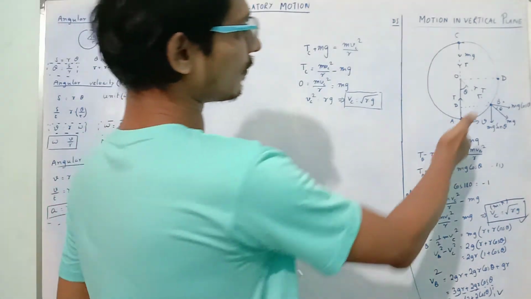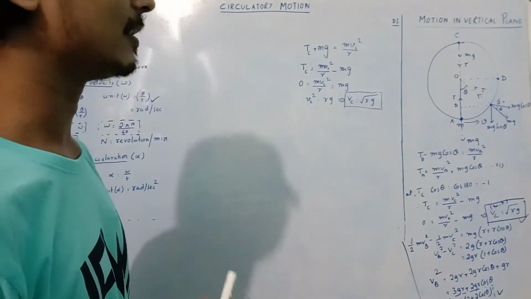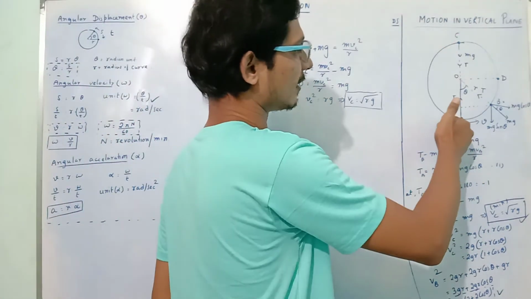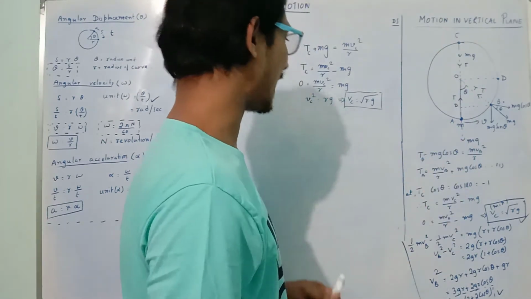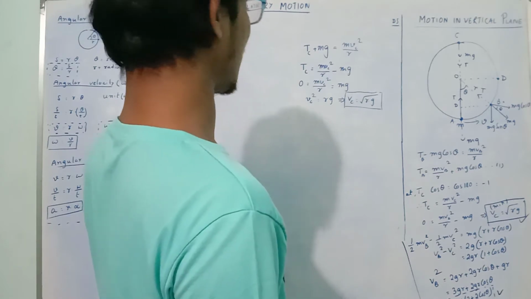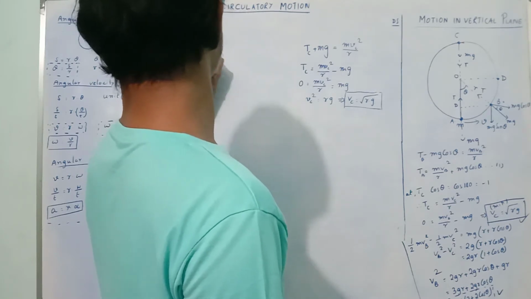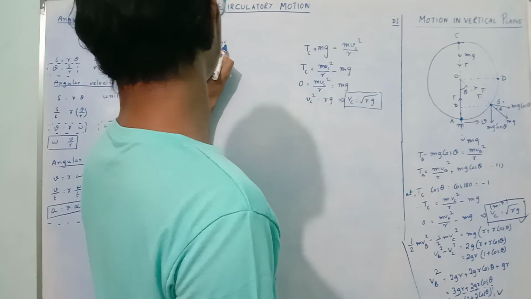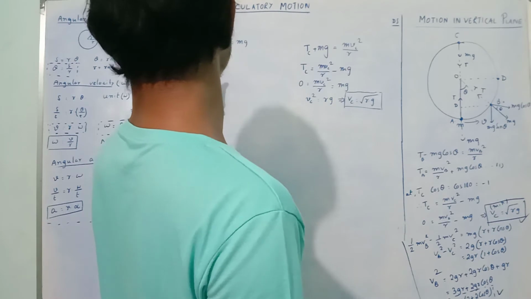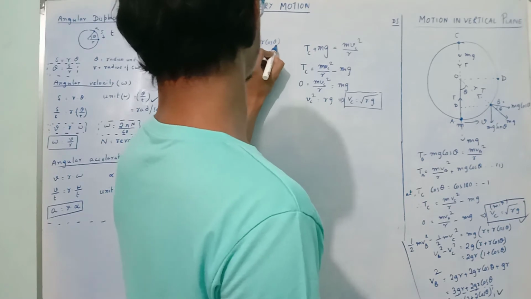Now we know that as we move from the lowest point to the highest point, there is a gain in potential energy and a loss of kinetic energy. So while moving from A to C, the loss of kinetic energy, half mva square minus half mvc square, is equal to the gain in potential energy, mg into r plus r cos theta.